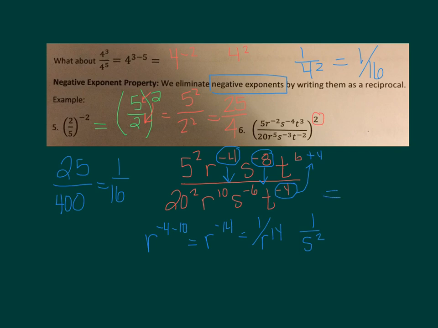So I end up with 1 over 16 times t to the 6 plus 4 is 10, r to the 14th s squared.